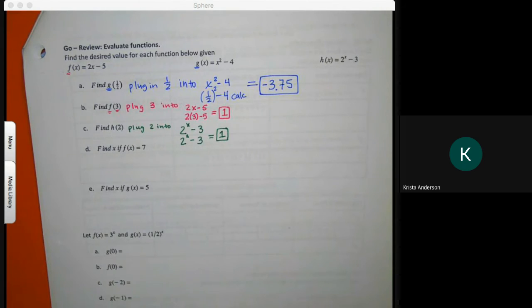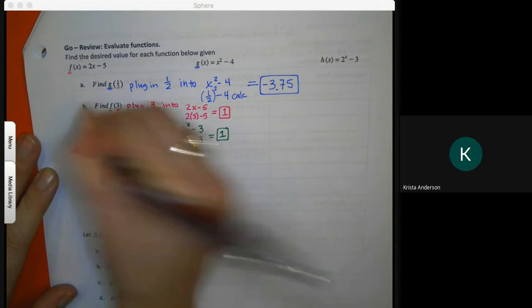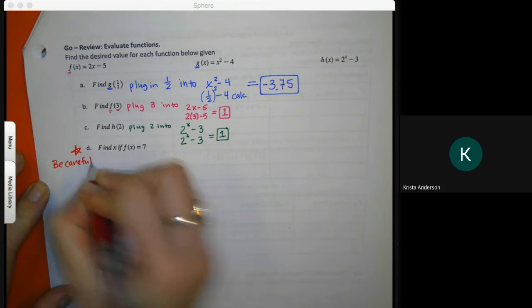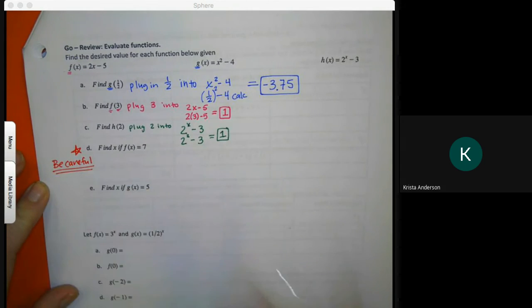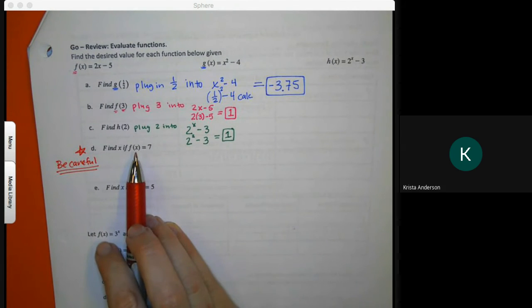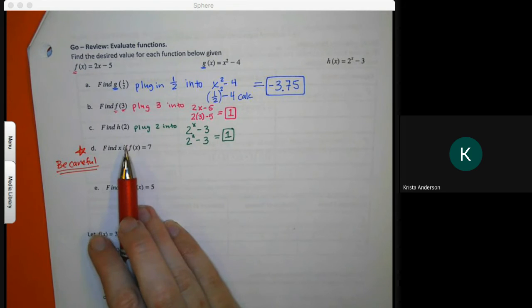On your assignment, you will get some like this. You have to be careful. Do you see how the f of x, the whole piece f of x is a 7?